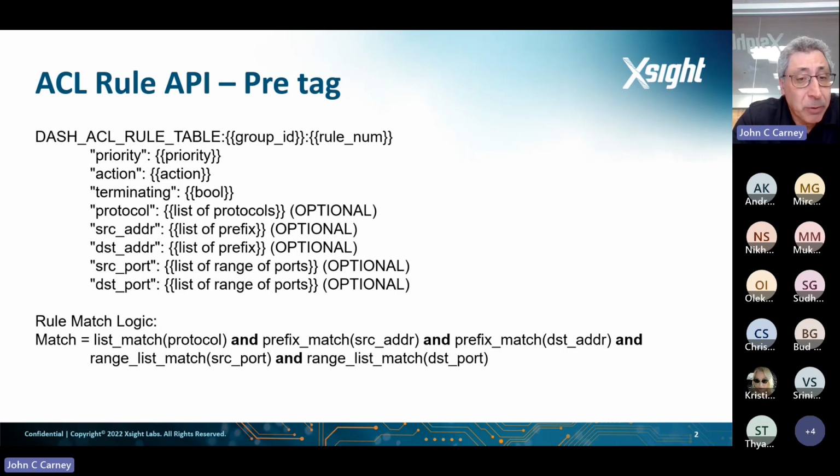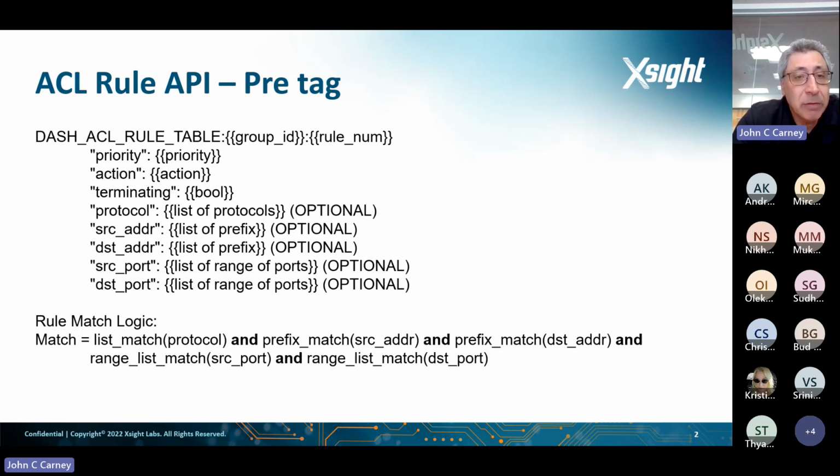The logic for matching a rule was that a rule matches if the packet has a protocol that's part of the list of protocols, and the source address matches one of the prefixes in the list of source addresses. The dest address matches a prefix in the list of dest addresses, and the source port matches one or more of the ranges, and the dest port matches one or more of the ranges.